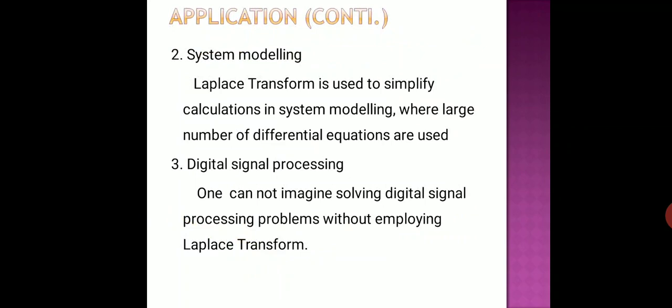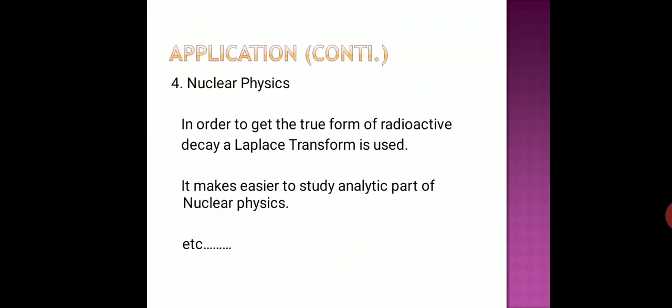In digital signal processing we mostly use Laplace transformation. In nuclear physics, in order to get the true form of radioactive decay, a Laplace transformation is used. It makes it easier to study the analytic part of nuclear physics.